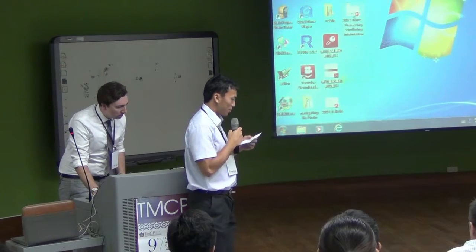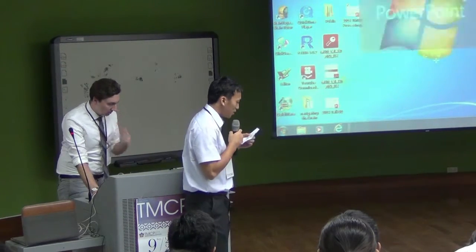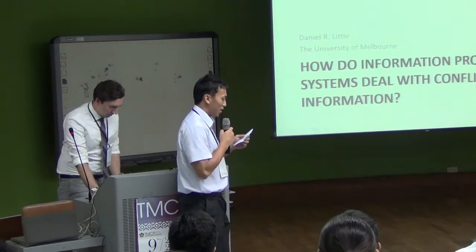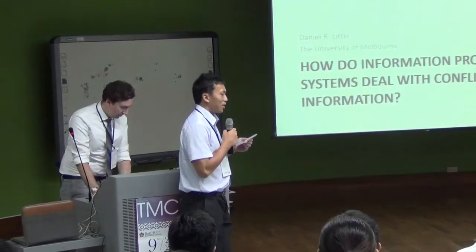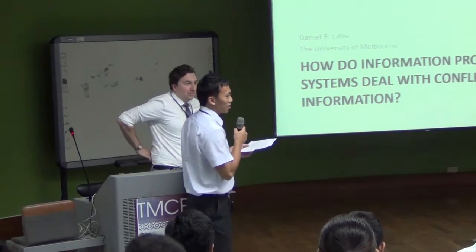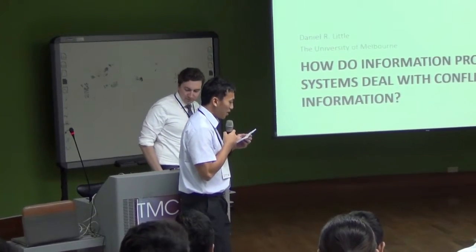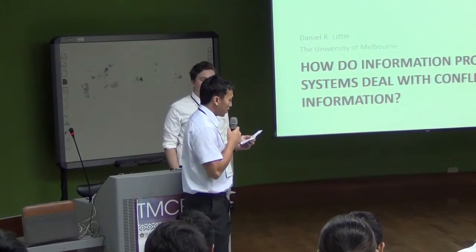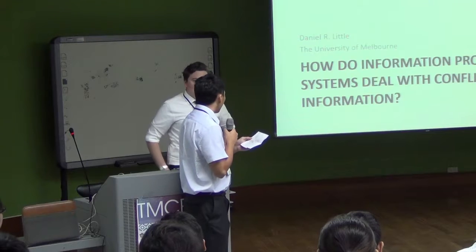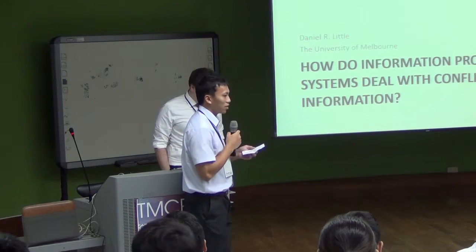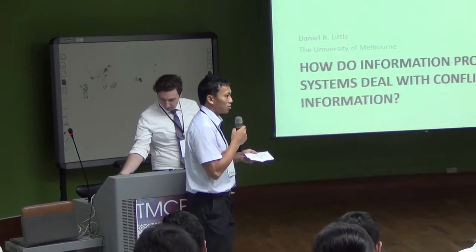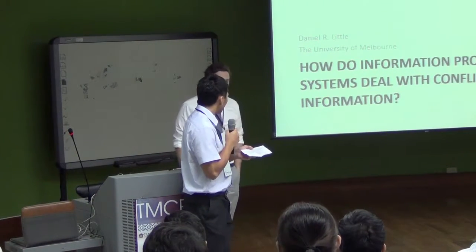The next talk will be presented by Professor Daniel Little. Daniel Little is a gifted and experienced scholar. I'm very happy to have the chance to collaborate with Daniel Little. Daniel Little got his PhD in psychology at the University of Western Australia in 2008. And he went to Jim's lab to do a postdoc for 2 years.